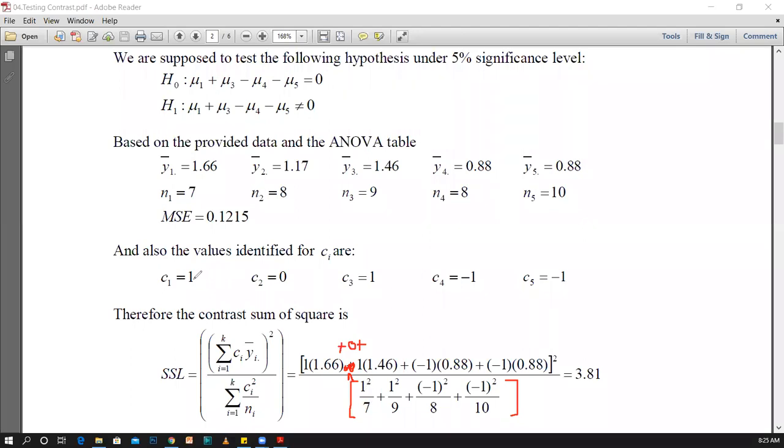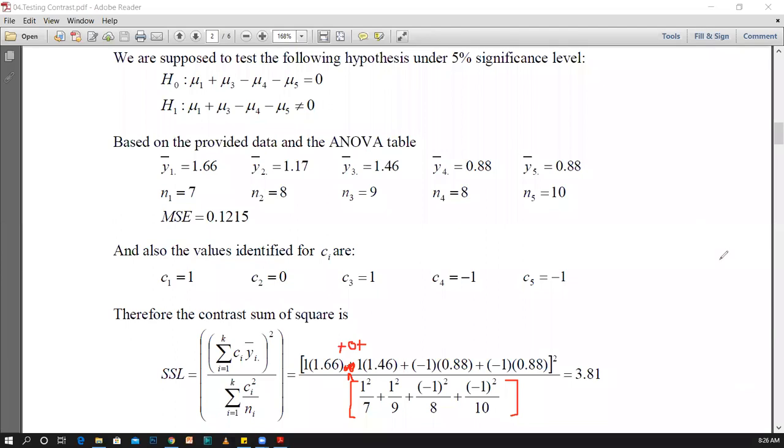Therefore, the first Ci value was 1, then 1 squared divided by the sample size associated, Ni, which is 7. Then next, C2 squared. Actually, C2 is 0, and I have not included it in the calculation.